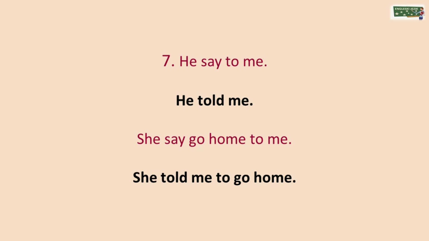So remember, when you use the word tell or told, that person or those people literally have to be there to tell you something. Okay? So for example, he say to me is incorrect, but he told me is correct. She say go home to me. No. It's she told me to go home.